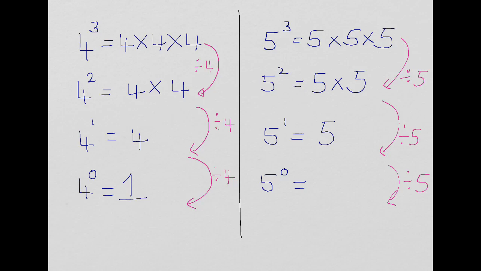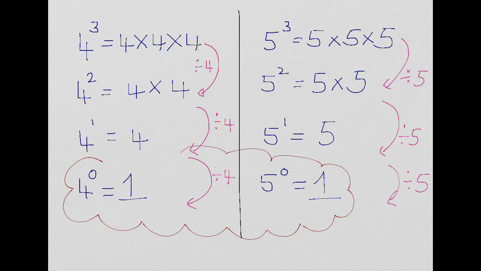Can you work out? Let me just go back through it if you haven't quite realised what it might be. 4 to the power 1 is 4. I divide by 4, 4 to the 0 is 1. 5 to the power 1 is 5. I divide by 5. 5 to the power 0 is... yes, it's also 1.